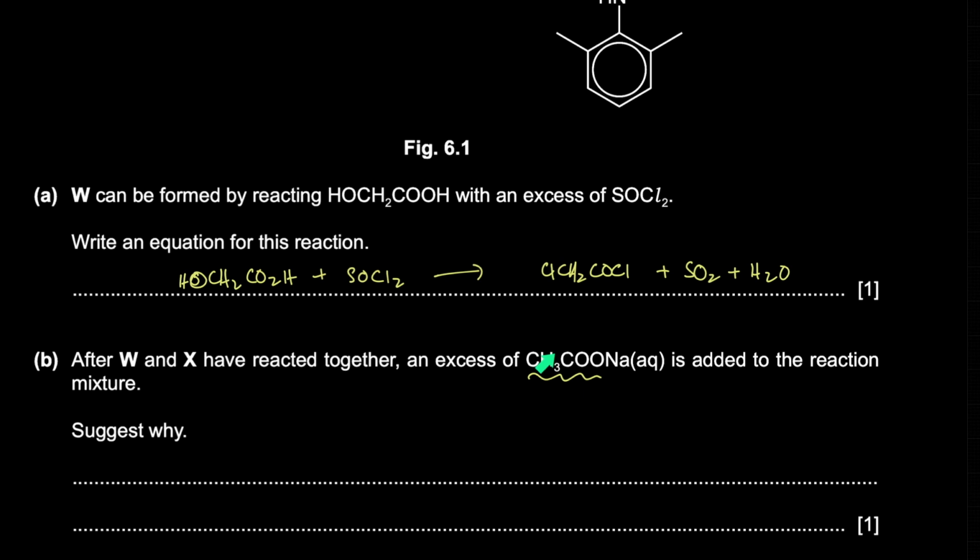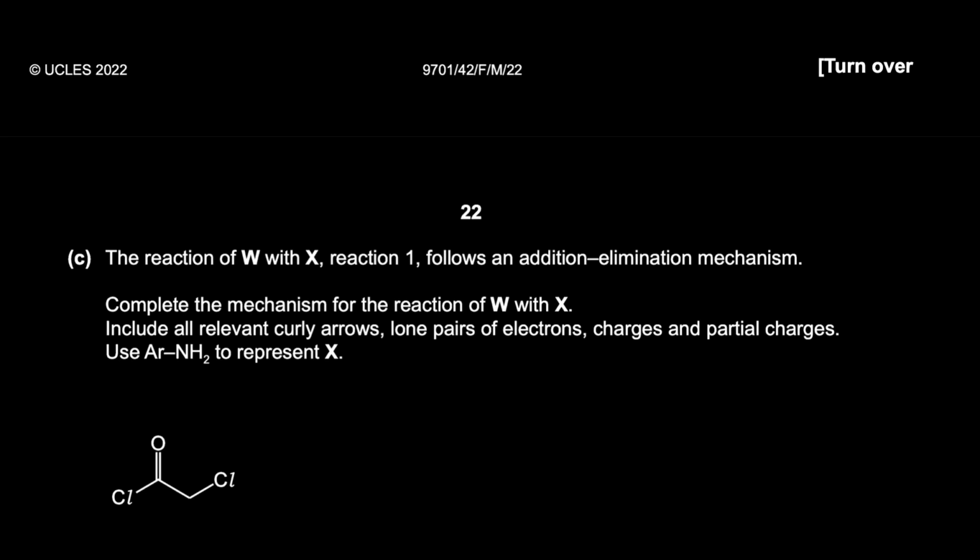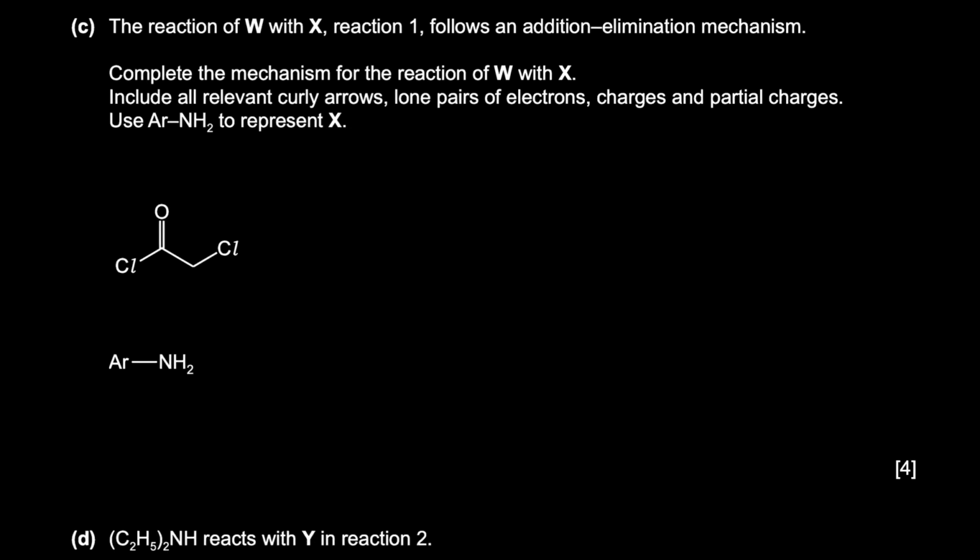So we have to suggest why we're adding a base. The base neutralizes the HCl produced in the first reaction between W and X. Again, we don't need to know why we need to do that. You just need to suggest why you're doing it.